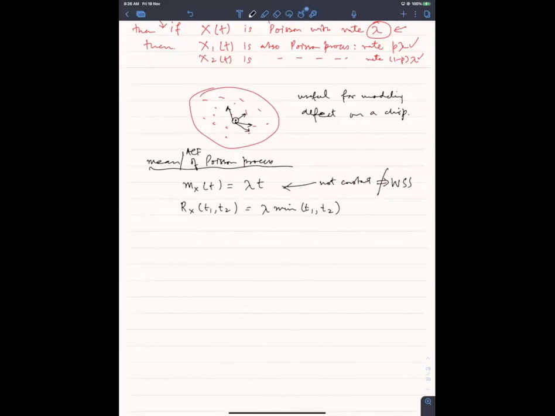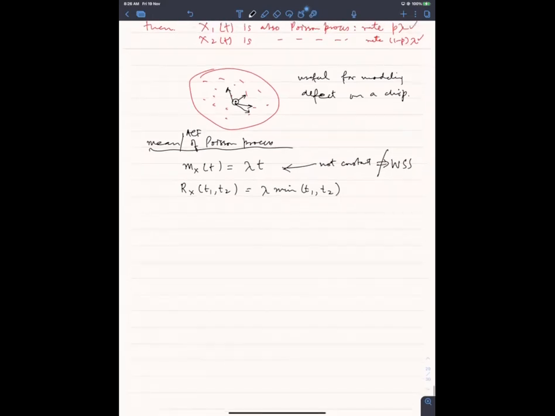Now, since this process is not wide-sense stationary, however, using the Poisson process, we can define additional processes which are wide-sense stationary. And one such process is called a random telegraph signal.